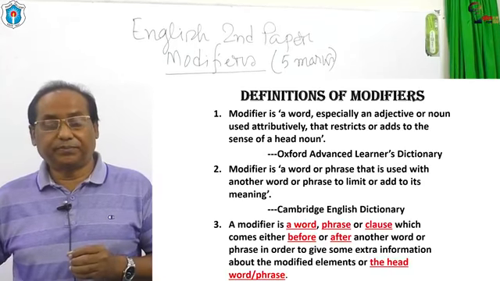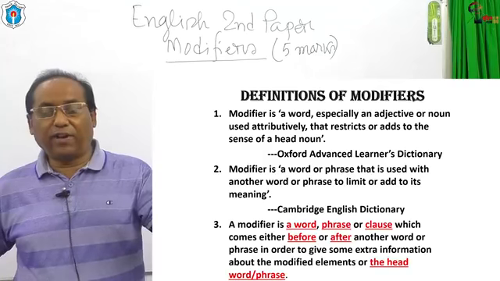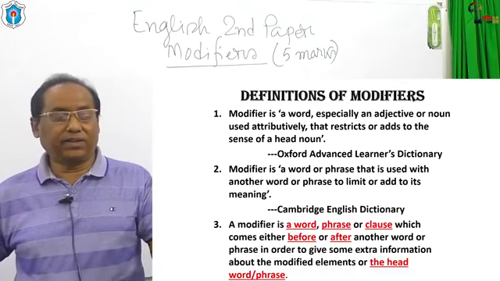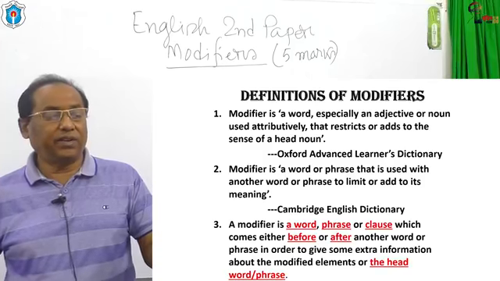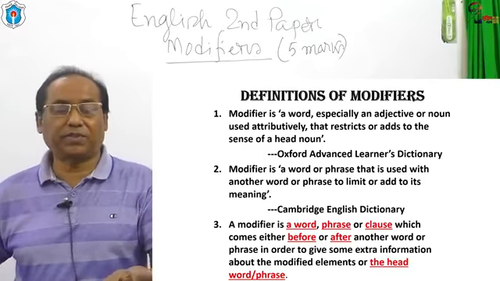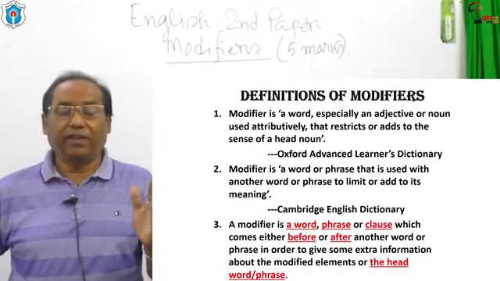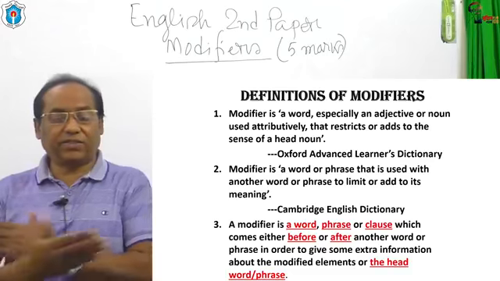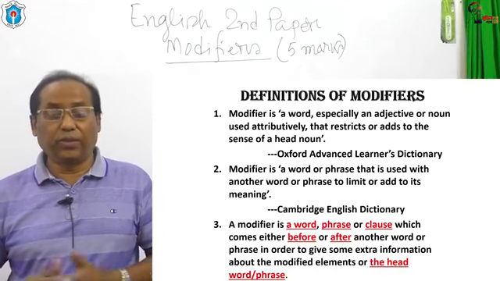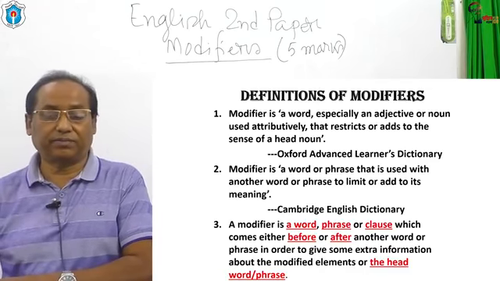What is that? In Advanced Learners Dictionary, modifier is called an adjective or noun, but in Cambridge Dictionary, the part of speech is not specifically mentioned. It simply says that modifier is a word. Even it may be a phrase, all right, which is used with some other word or phrase.